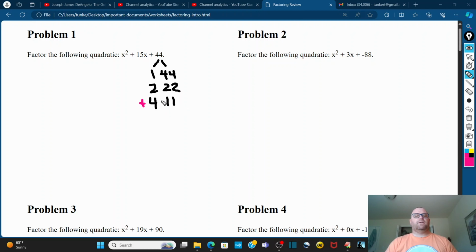So now I can write my quadratic in factored form, and I can write it as x plus 4 times x plus 11.